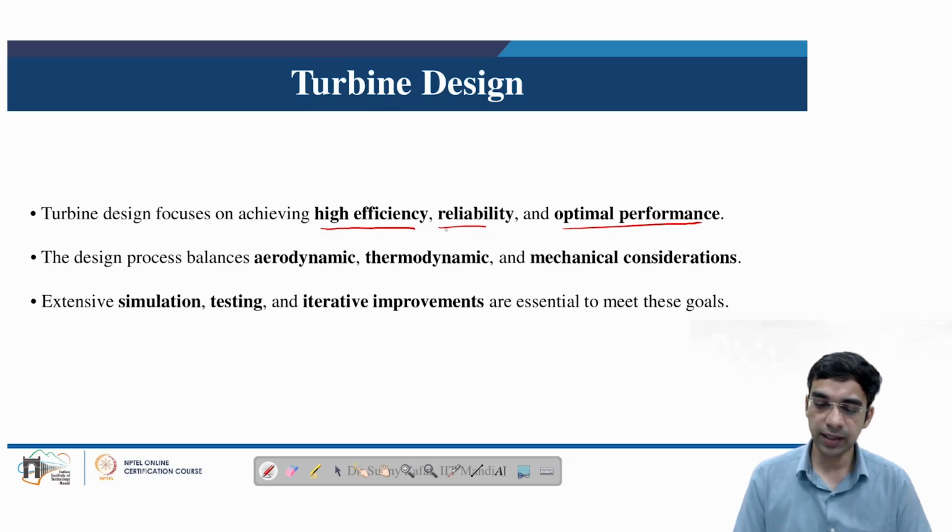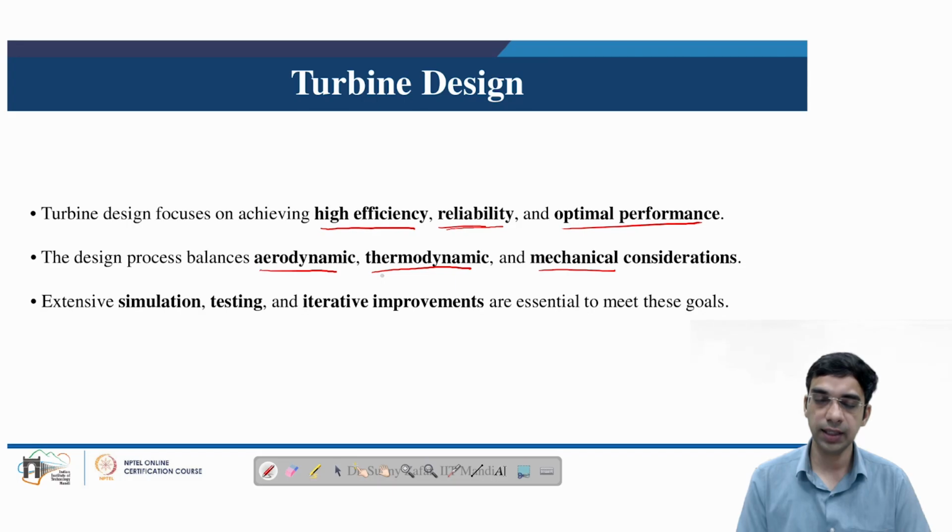We also want to look at the reliability component in the design, so that in varying conditions of operating parameters, the turbine should reliably keep on functioning and supplying power to the grid. And we also need to optimize the performance based on the varying conditions. So the design process is basically a balance of different considerations which include aerodynamic considerations, thermodynamic considerations and mechanical considerations.